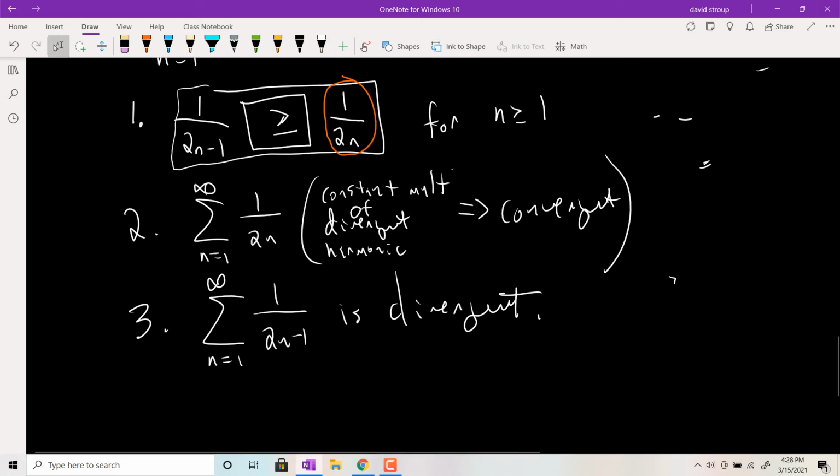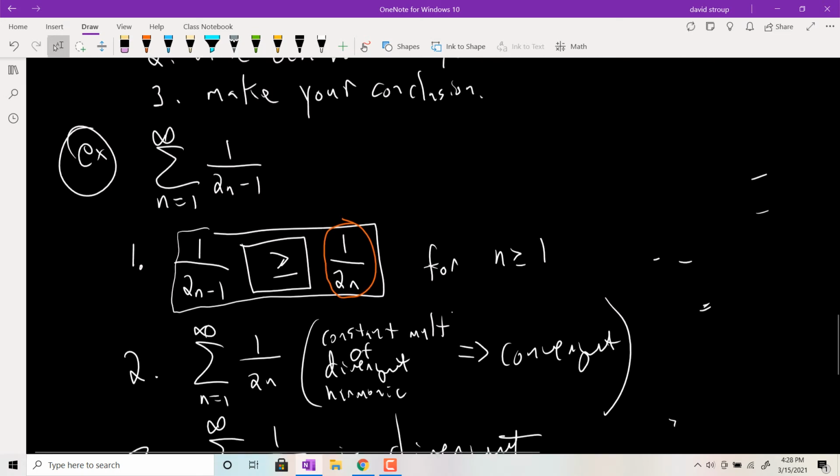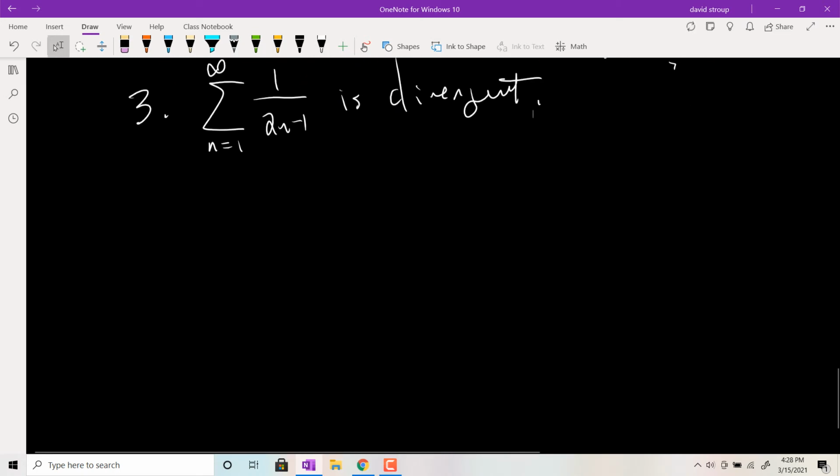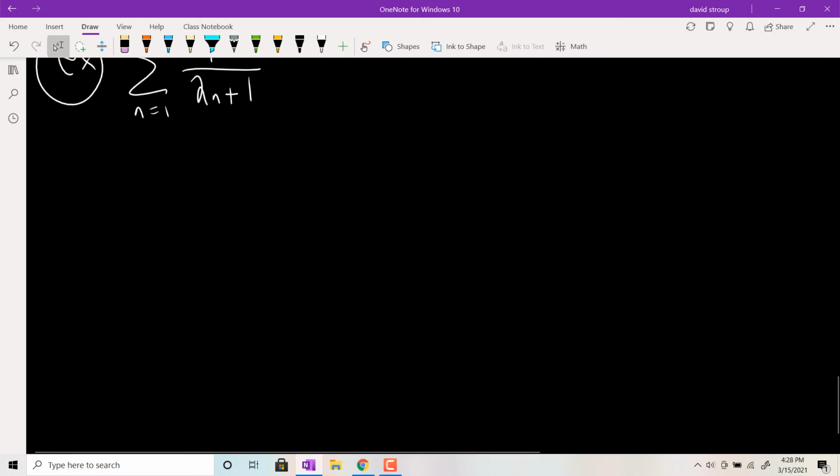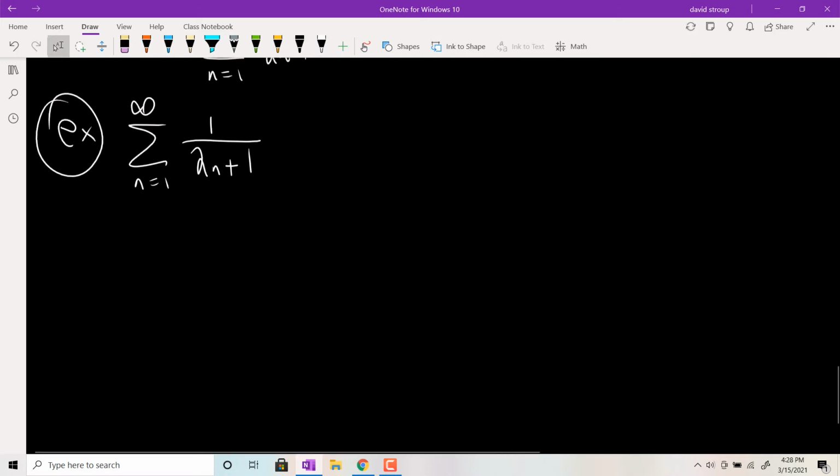Okay, let's move on to another example, which is extremely similar, but sort of fails. So it's the sum from n equals 1 to infinity of 1 all over 2n plus 1. Instead of minus 1, let's go plus 1. And let's naively do the same thing, right?